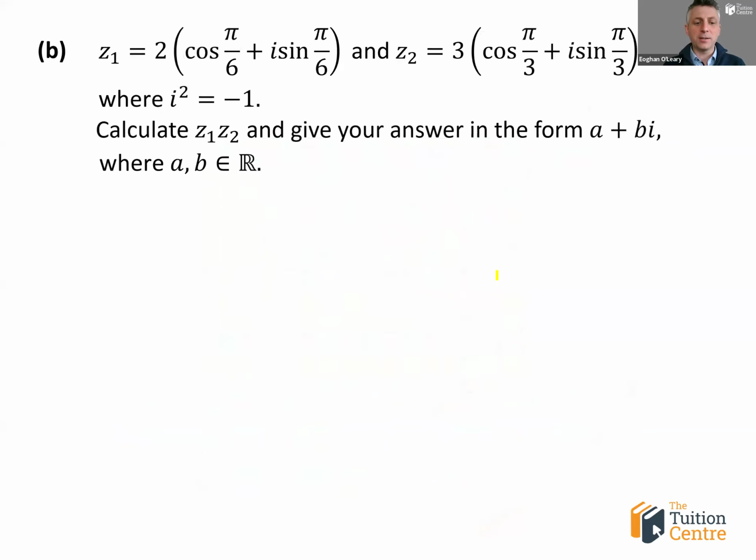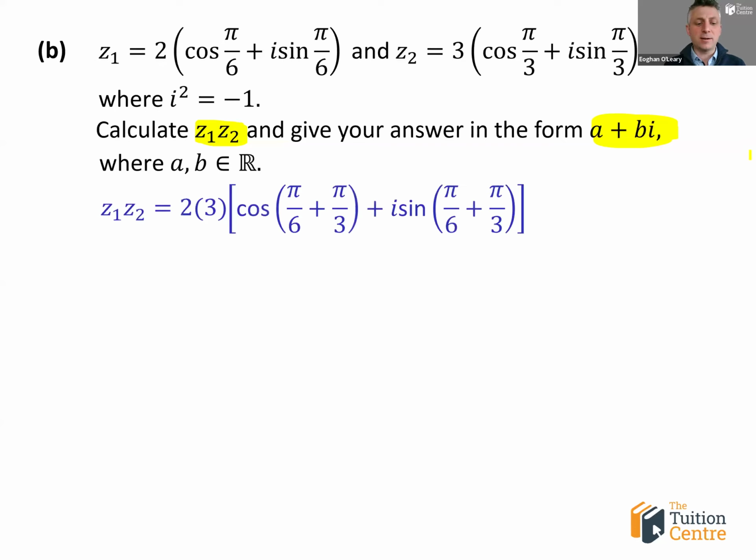And then the last part is if z1 is equal to 2 times (cos pi over 6 plus i sine pi over 6), and z2 is equal to 3 (cos pi over 3 plus i sine pi over 3), calculate z1 times z2 and give your answer in the form a plus bi, where a and b are elements of the real numbers. So again, with this, you just start off.